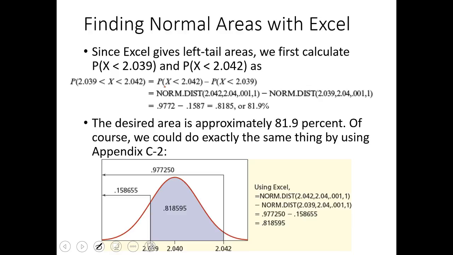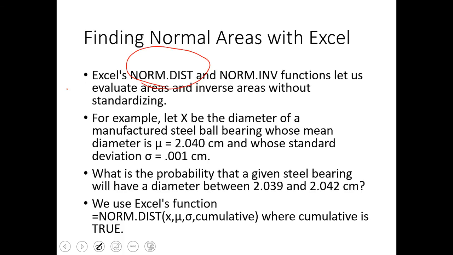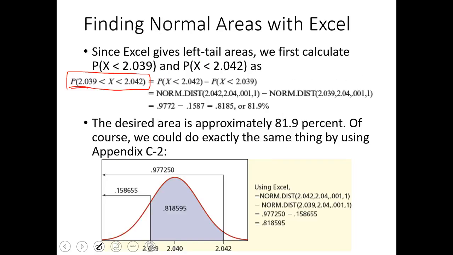So if you want to calculate this probability, the mean is 2.040 and the standard deviation is 0.001. Then for the probability that the diameter is between these two numbers, we have to calculate this equation.